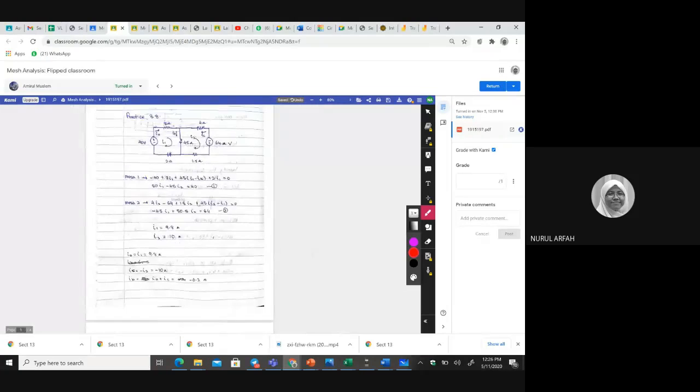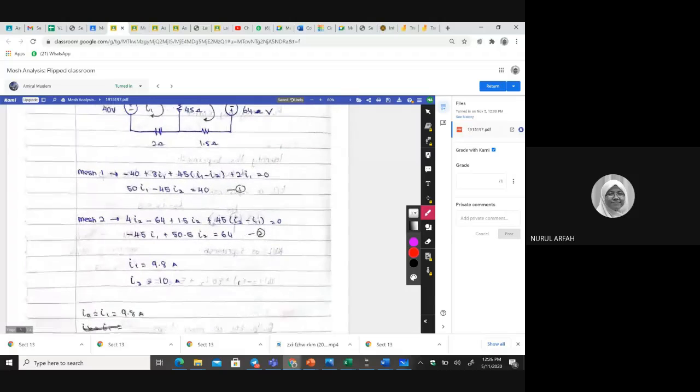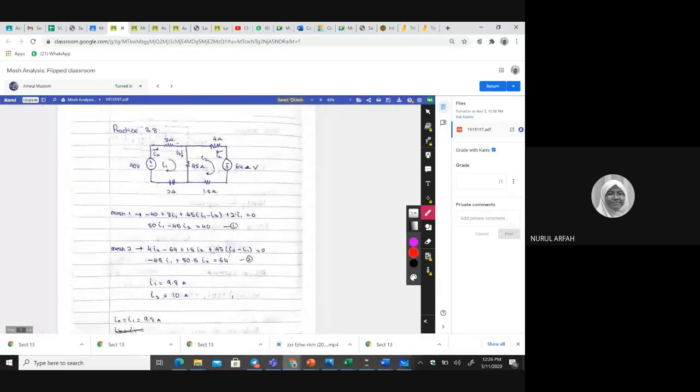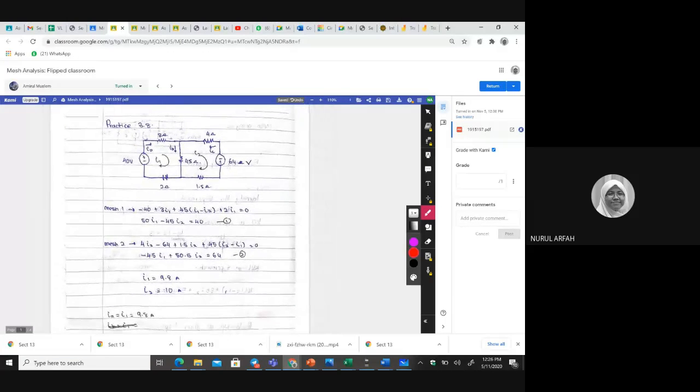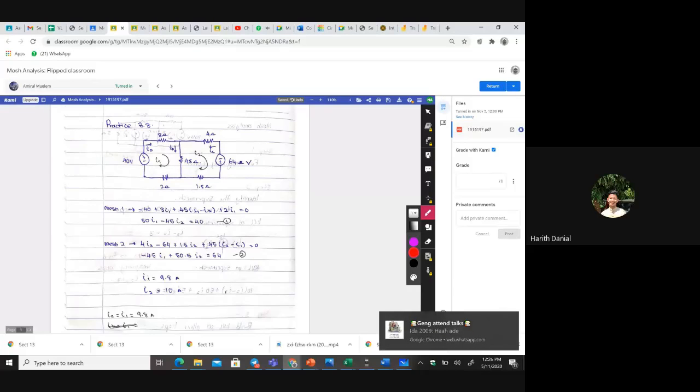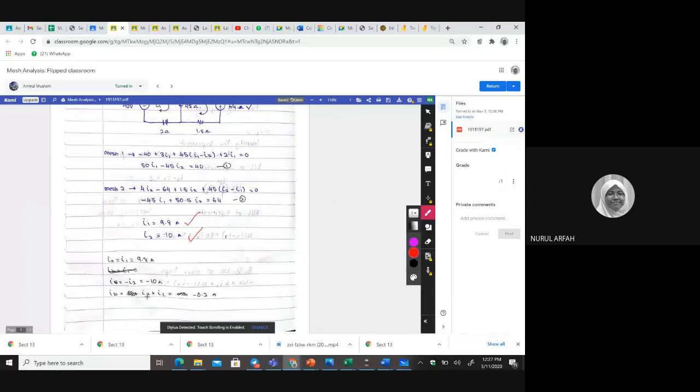Do you get the same answer as Amirul for 3.8? Yes, the same, madam. Okay. So this one should be a negative for IC, and this part should be 9.8 minus. Is this correct?